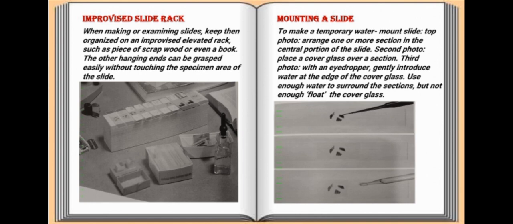The second photo is to place a cover glass over a section. The third photo, as you can see, is with an eyedropper. Gently introduce water at the edge of the cover glass. Use enough water to surround the section, but not enough to float the cover glass.